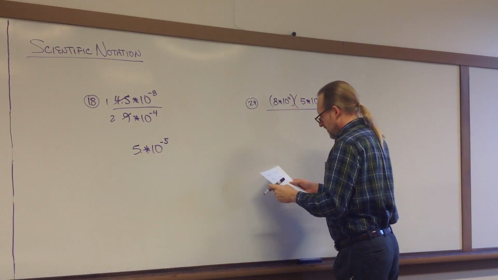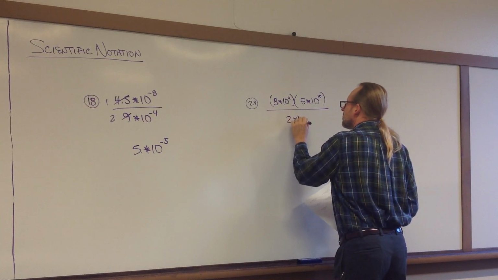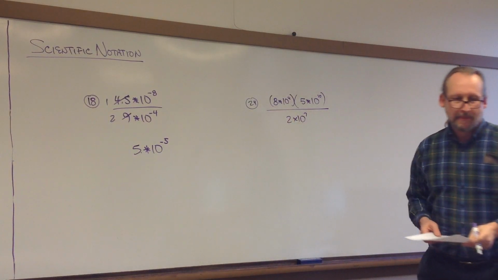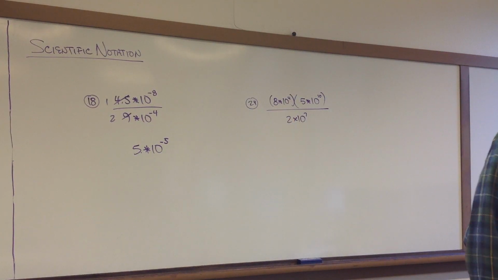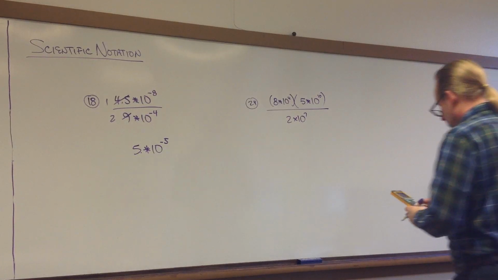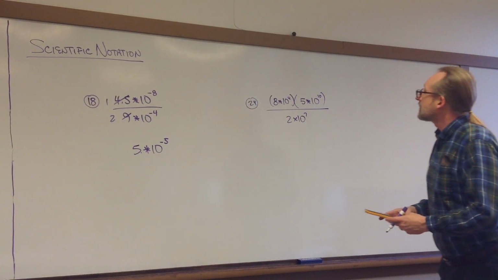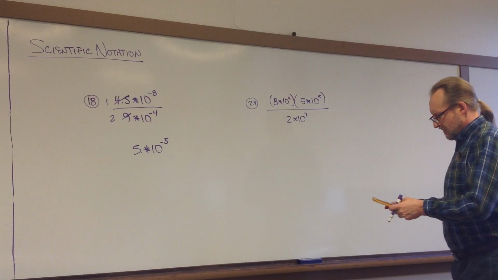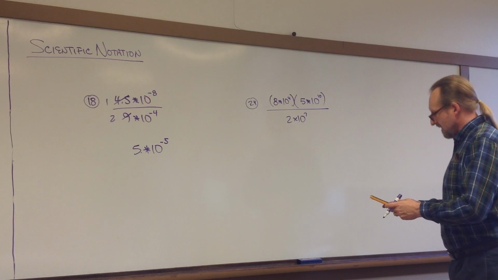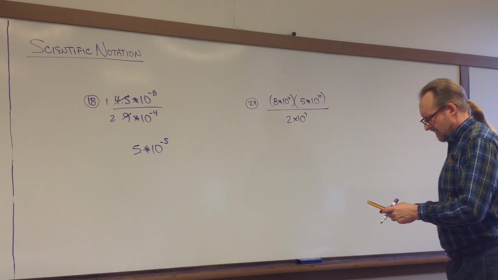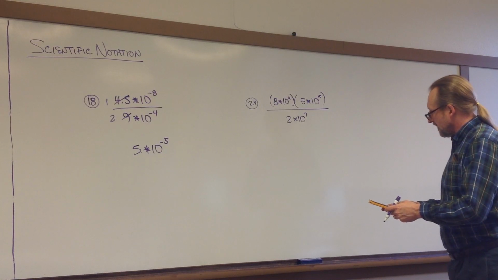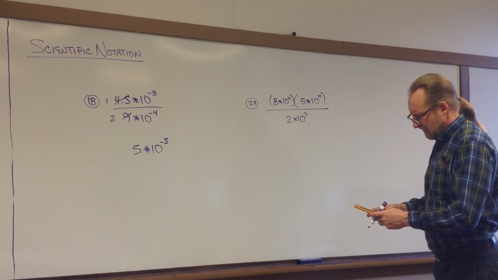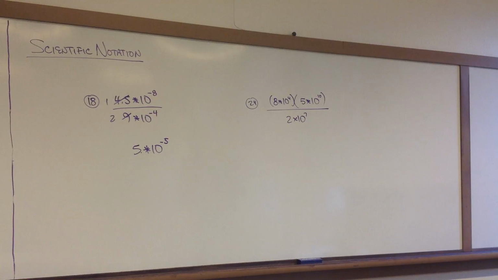And then on the bottom, 2 times 10 to the 7th. All right, so I'll go ahead and put it in the calculator. 8e4 times 5e10. And then we want to divide by 2e7. And I'll show you what that looks like on the calculator here.